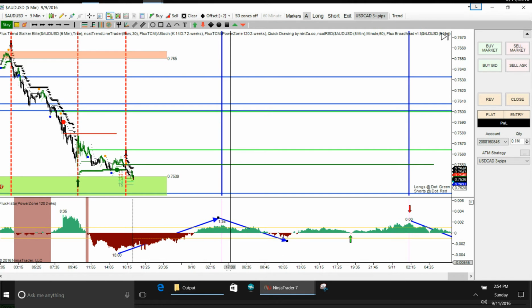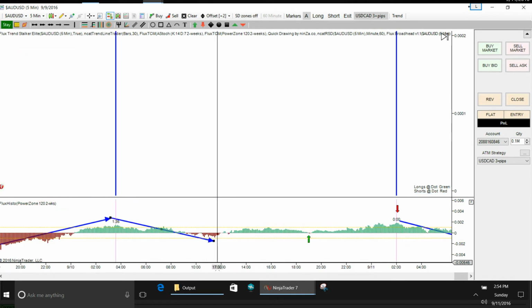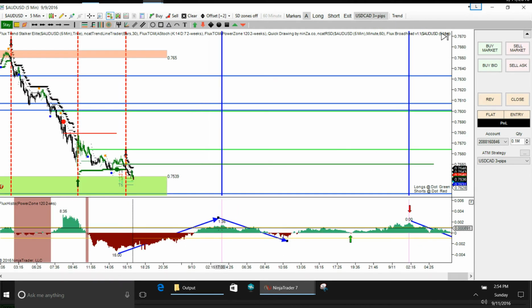So when I see stuff like that, I know to be alert for that time because there's probably going to be some selling pressure coming in there. And then I got a couple of up arrows, so I know to watch out for areas like this, areas down like this, if I'm trading on a short, because these are pullback areas.